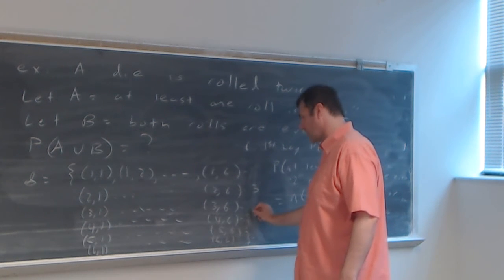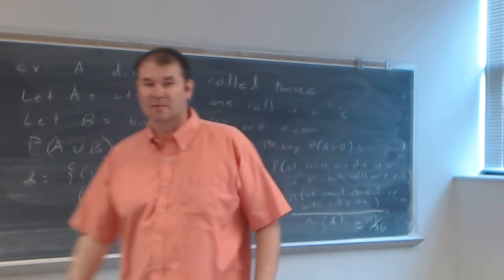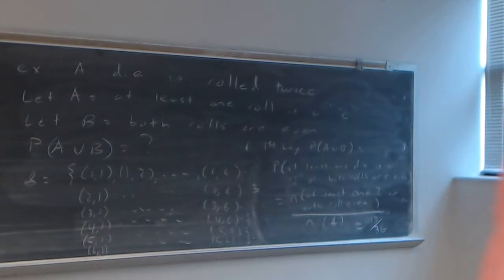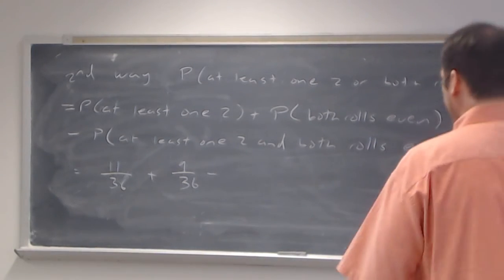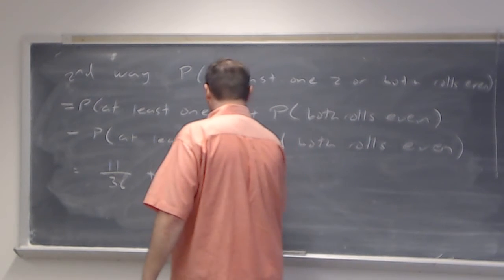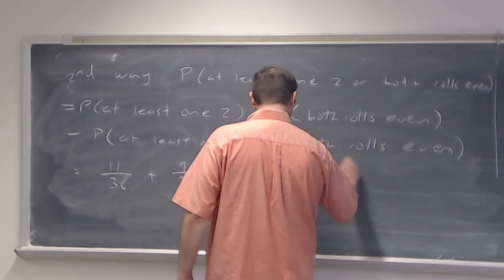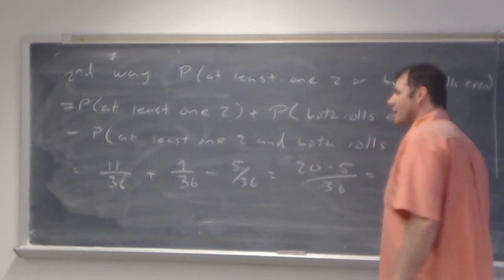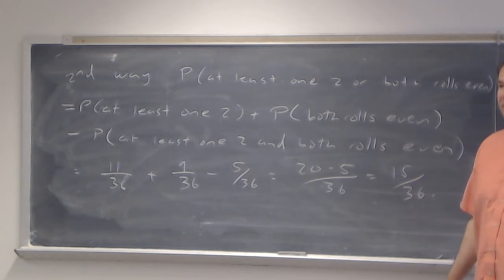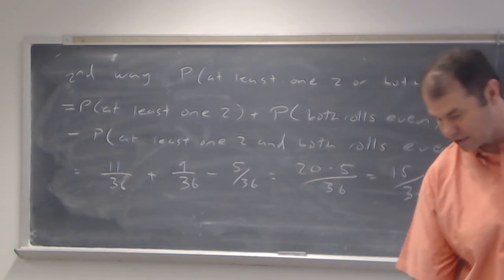There is 1 here that has a 2 and both are even, and 1 here, so I need to take away 5 out of 36. I'll write that down. Well, that's 20 minus 5 out of 36, and of course that's 15 out of 36, which is what we obtained when we did it the first time. Okay, so that's good. We got the same answer both times.